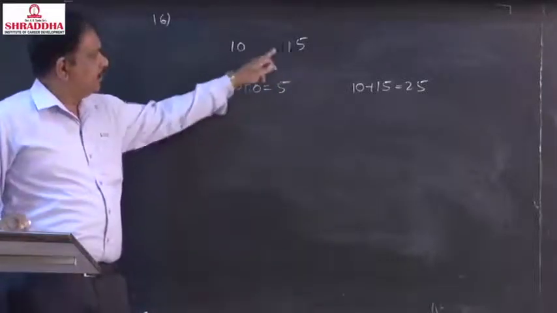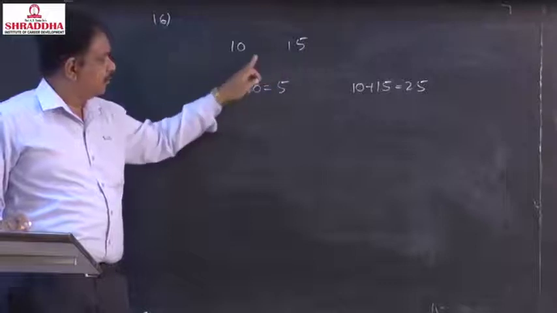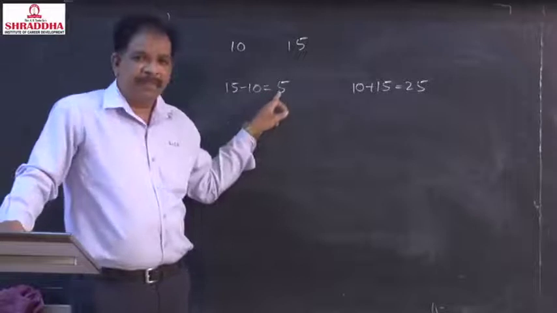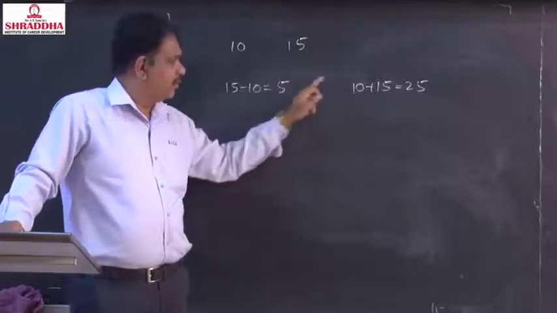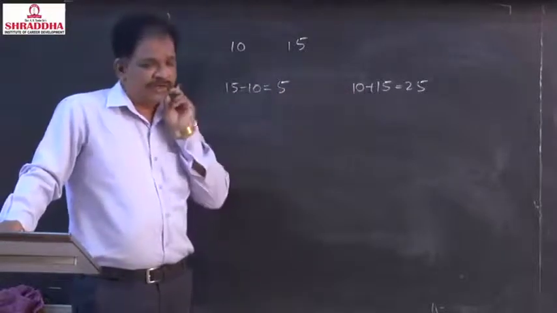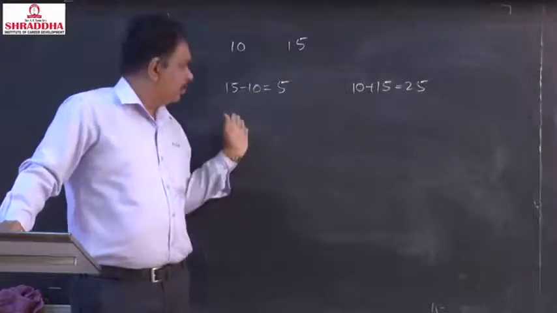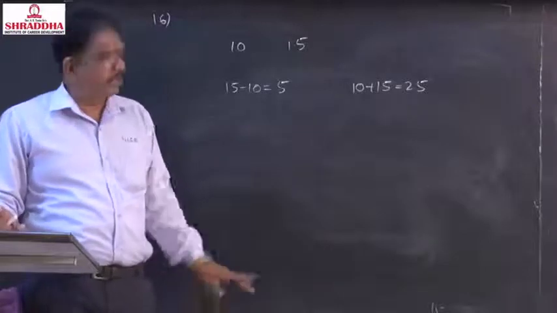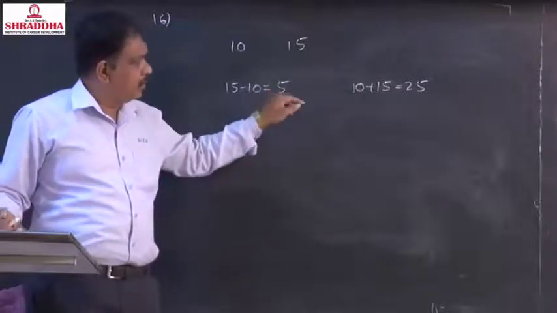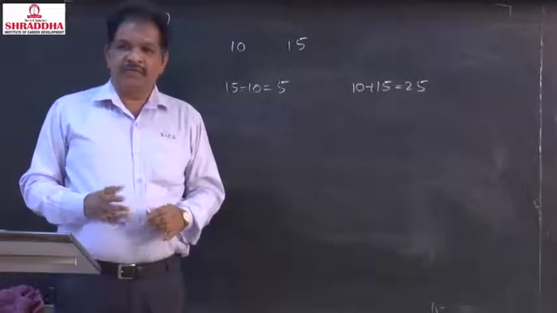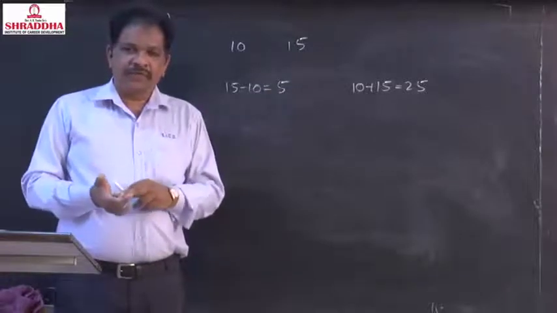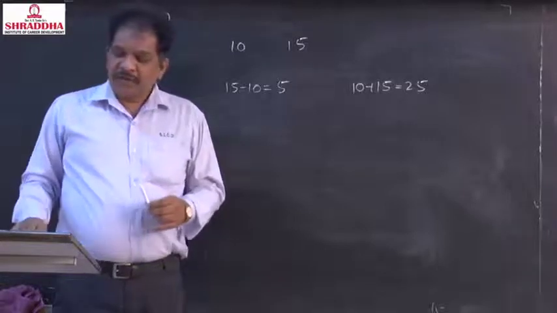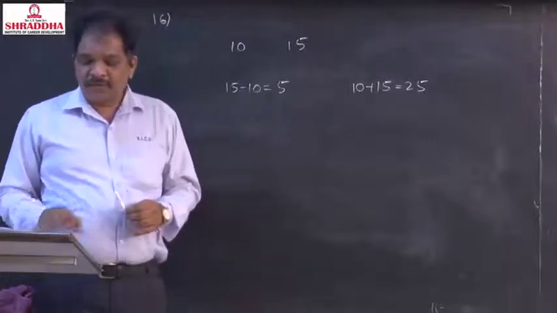So 10 and 15 are the two vectors. Using these two, we can find maximum 25, minimum we can get 5. So below 5, above 25 is not possible. Any value either 5, either 25 or in between 5 and 25, any value is possible.